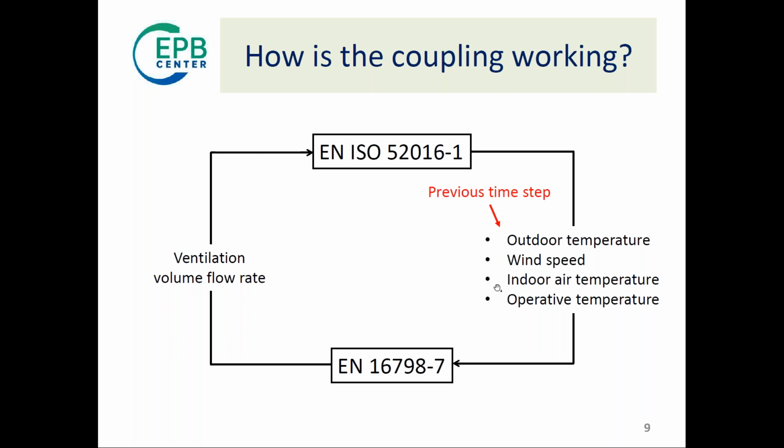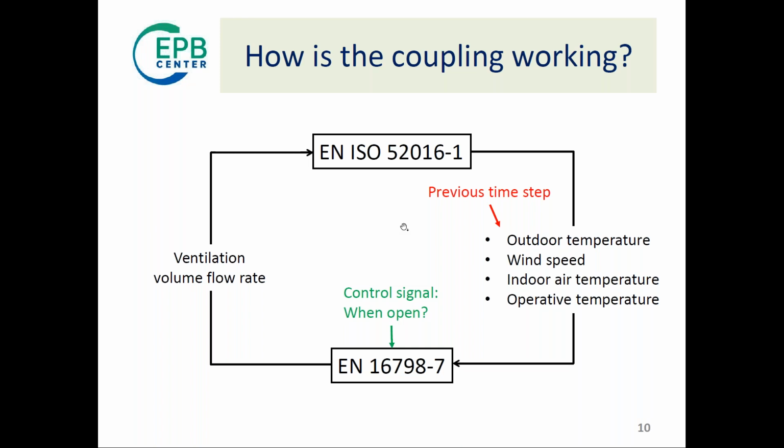Time step is 1 hour. It's just taken from the previous hour, then calculated, and the ventilation flow rate is fed back to the next hour or current hour calculation. This avoids iteration actually, because otherwise we would have to iterate several times in here.